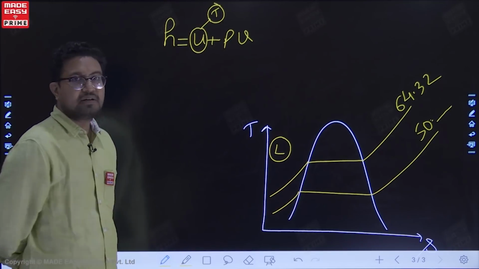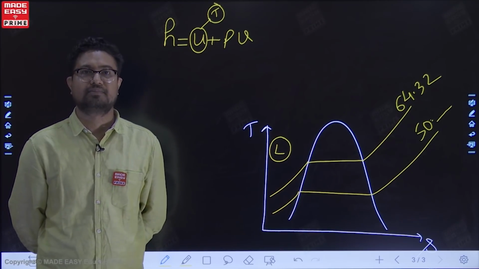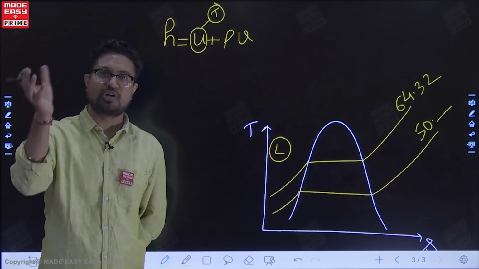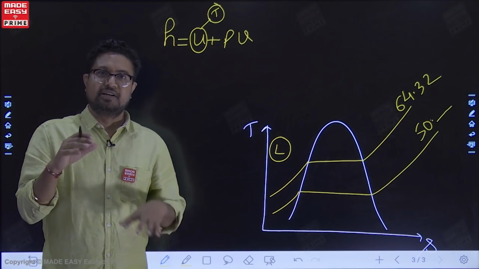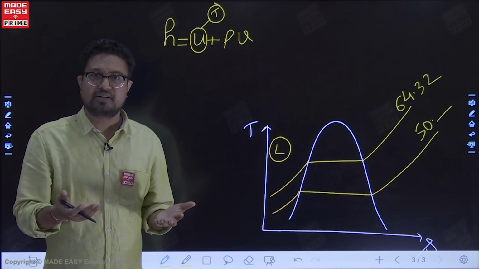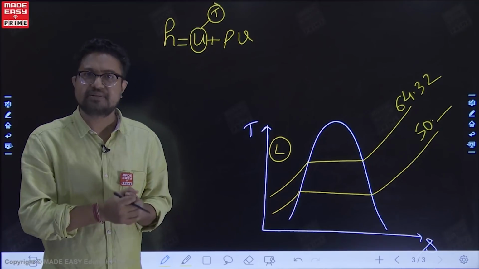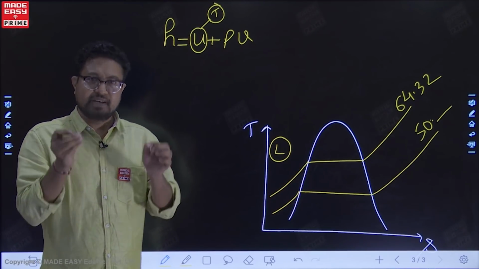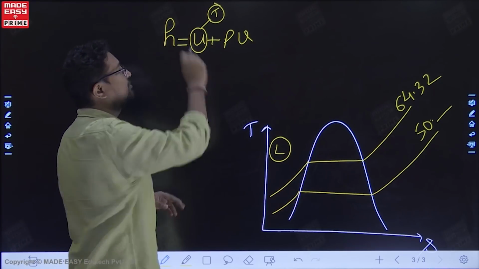Because liquid is incompressible. We have seen du equal to mCv dT, constant volume. If the volume is constant, no matter what the substance is, whether it is an ideal gas or not, the internal energy change is dependent only on temperature, right? Even if you don't know this, you should remember this. Liquid internal energy is dependent on temperature.